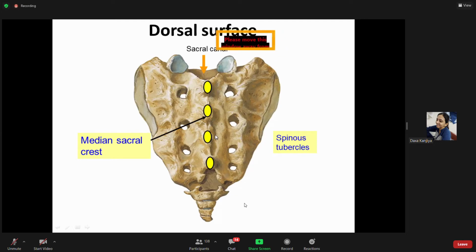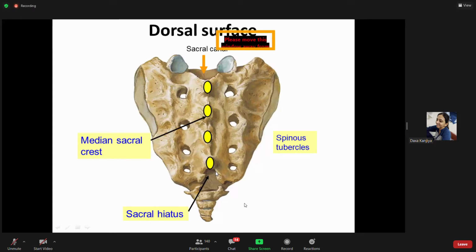So what does the median sacral crest represent? This is asked in viva: what all the parts are formed from. So the median sacral crest is formed by fusion of the spinous processes of the upper 4 sacral vertebrae. If you see at the lower end of the 4th spinous process, there is an inverted U-shaped gap. What will we call this?